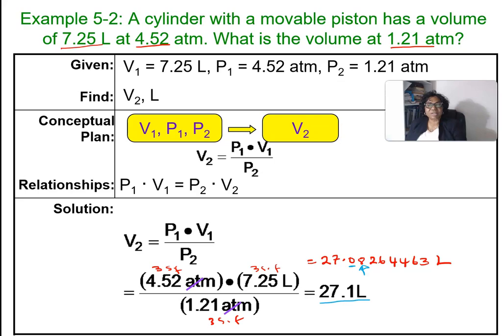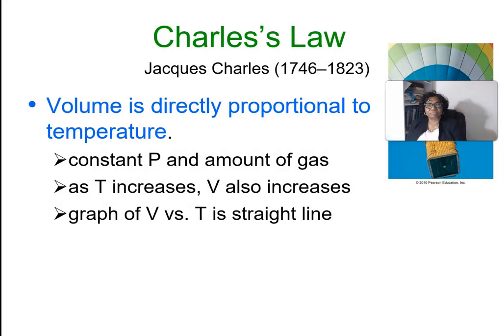We want to look at Charles' law. Charles' law states that volume is directly proportional to temperature, but pressure and number of particles, N, must be constant.